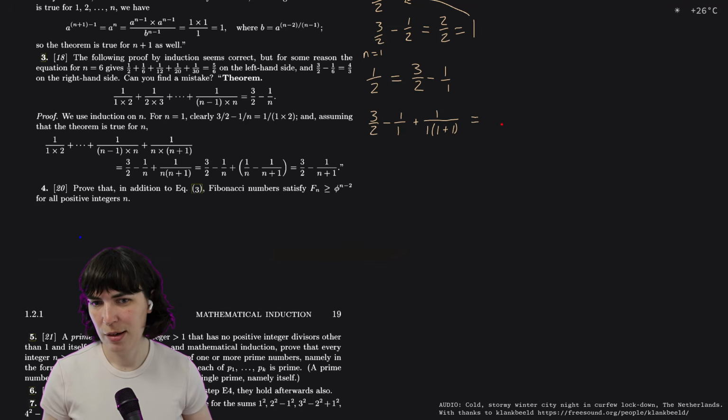Okay. And then we do 3/2 minus 1/1 plus 1/1 minus 1/(1 plus 1). And this should equal 3/2.